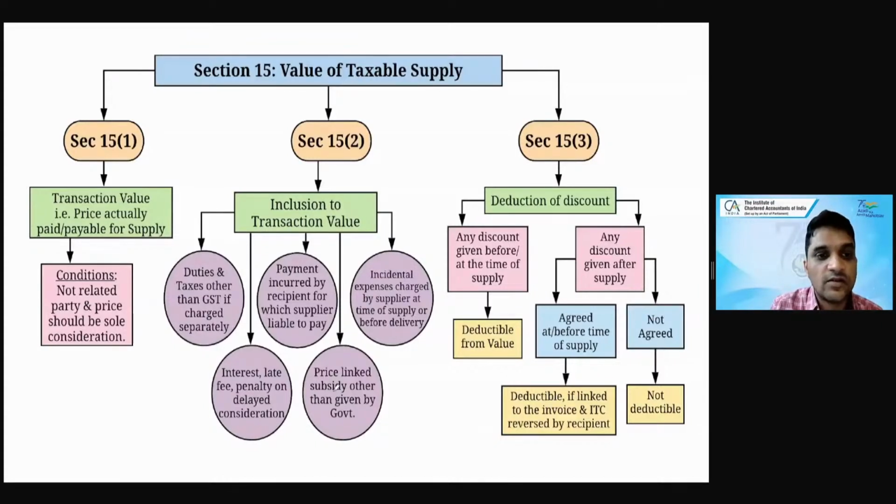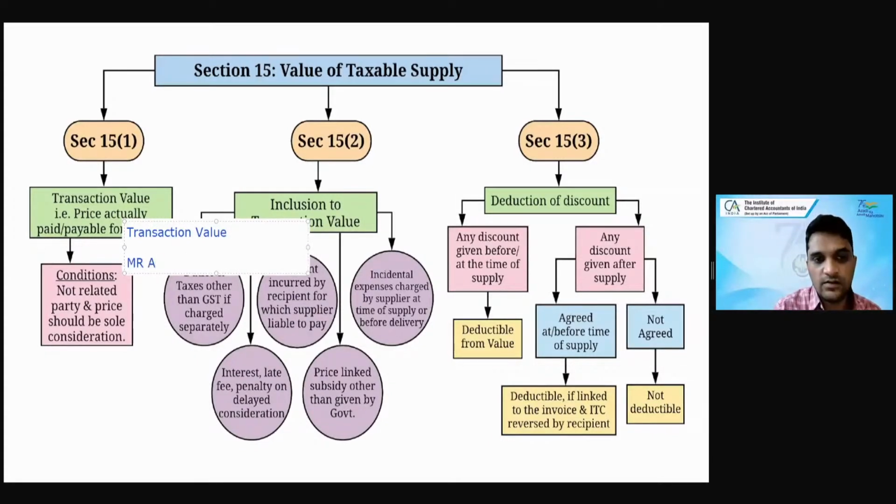Okay? So what does this mean? We have to understand it with an example. What are we trying to understand? We are understanding transaction value when Mr. A sells watches. He is a dealer of watches.